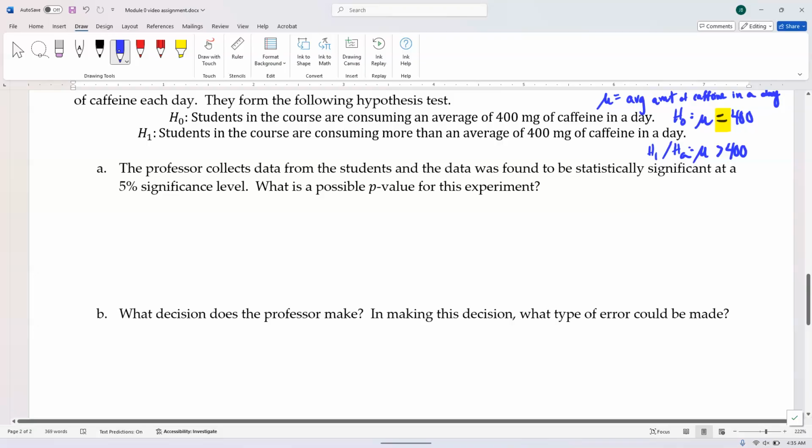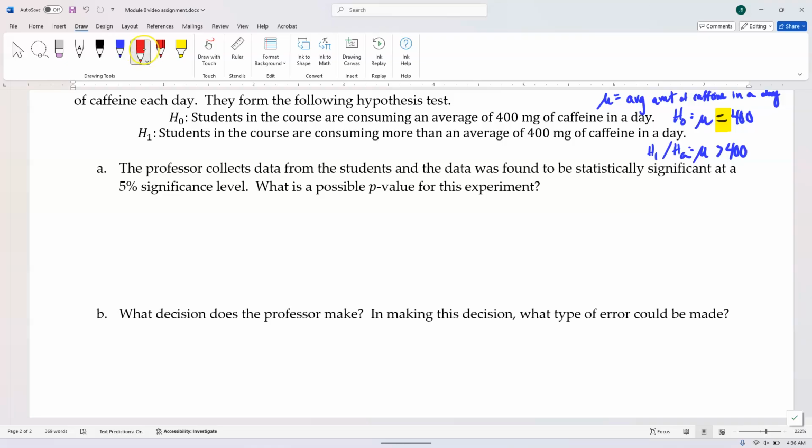Part A. So the professor collects data from students, and it was found to be statistically significant at a 5% significance level. What's the possible p-value? Okay, so this is an aside. This is not related to the answer, but if we have statistical significance, that is the same as rejecting the null, right?